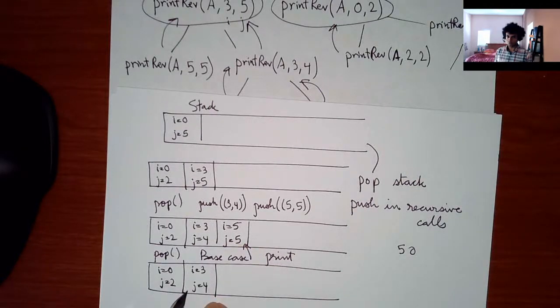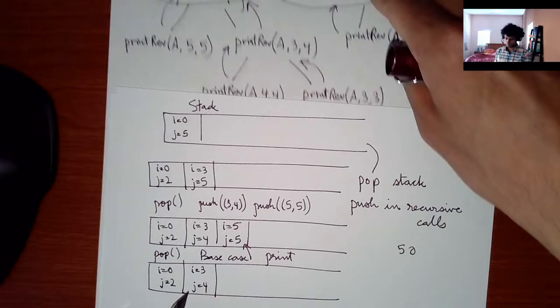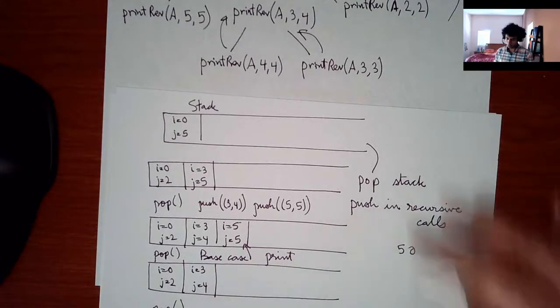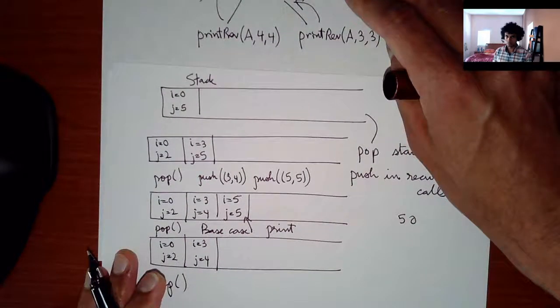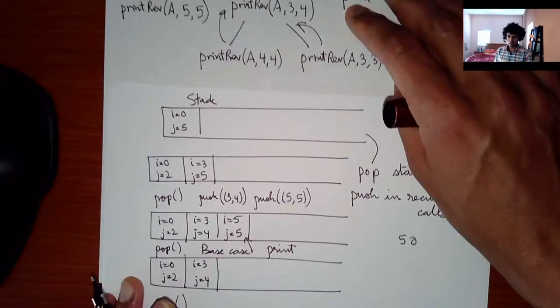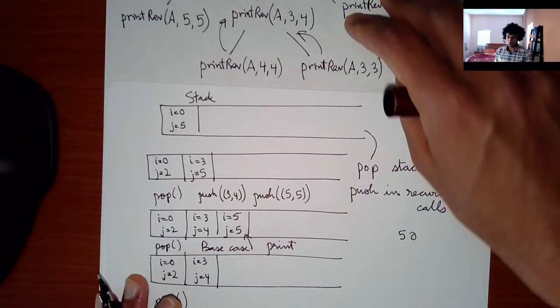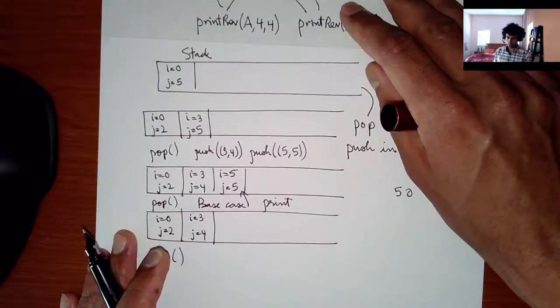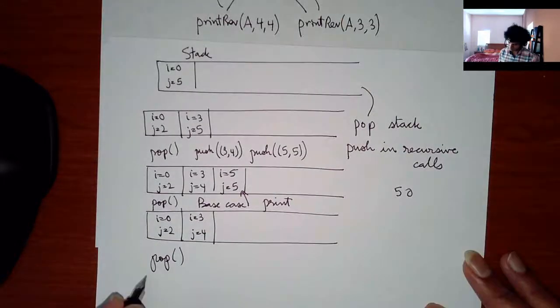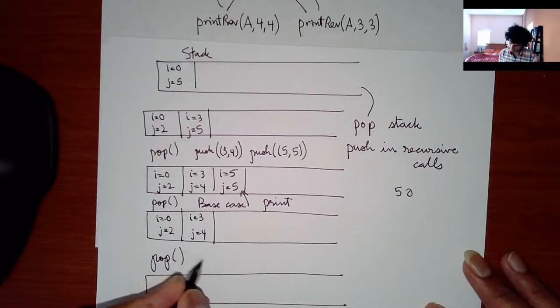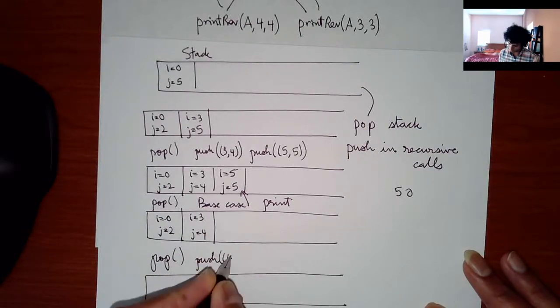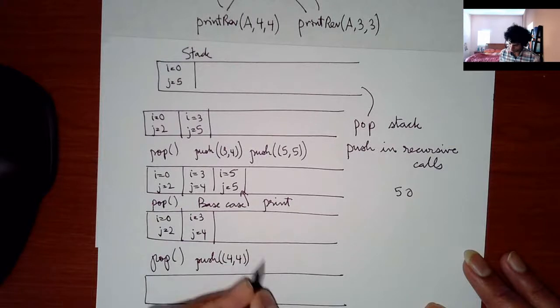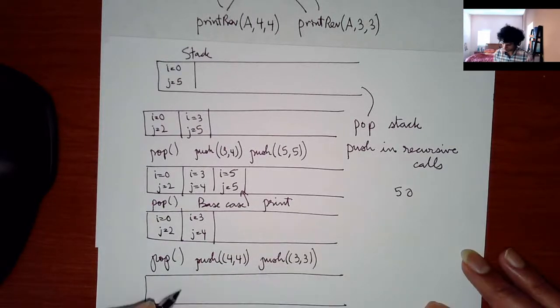So now let's look at 3, 4. Again, we're going to do a pop. And just to show you what's going on, 3, 4 makes 2 calls to 4, 4 and 3, 3. So I push 4, 4, then I push 3, 3.